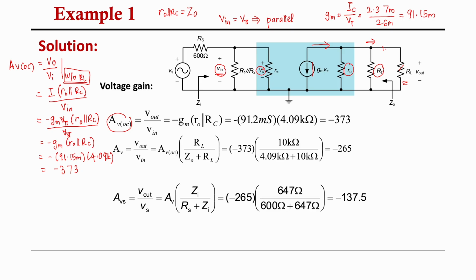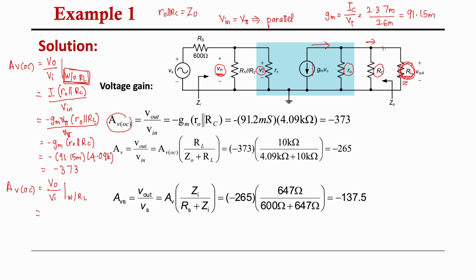But now we have RL, so we have to consider RL. This is without RL. So the AVOC is without RL. Okay, so now this is with RL. With RL, which part is going to be different?